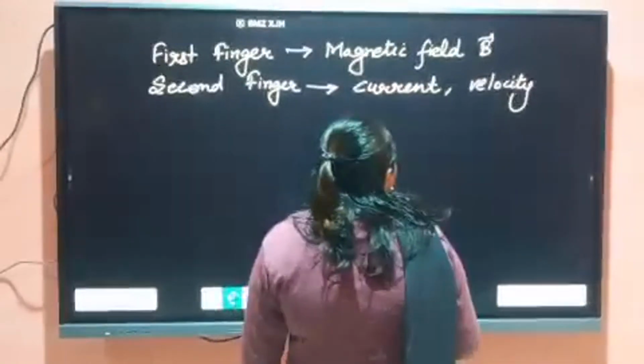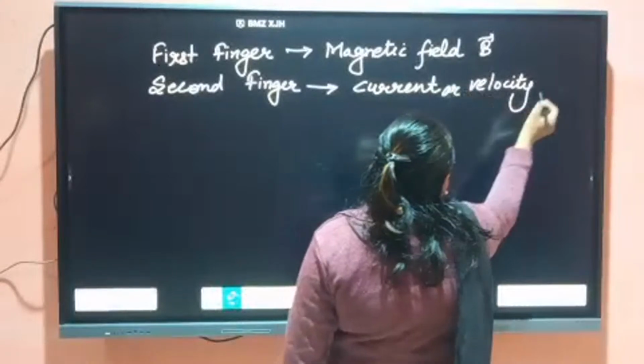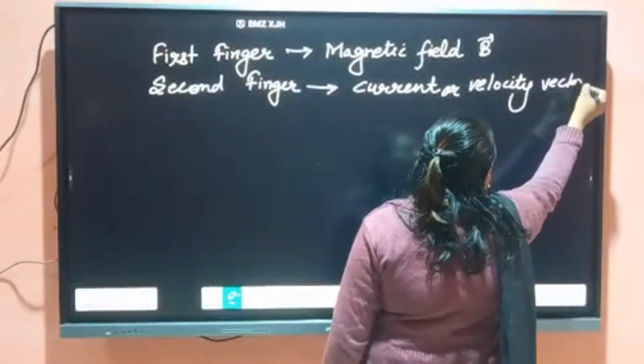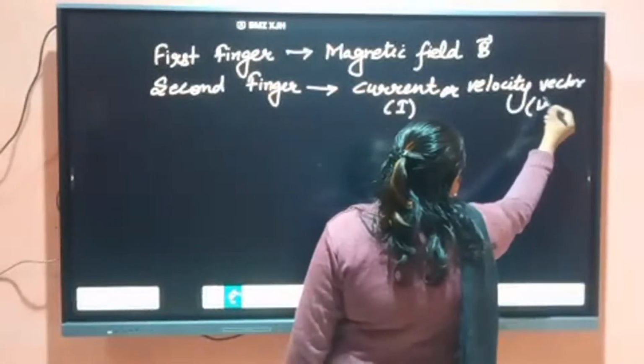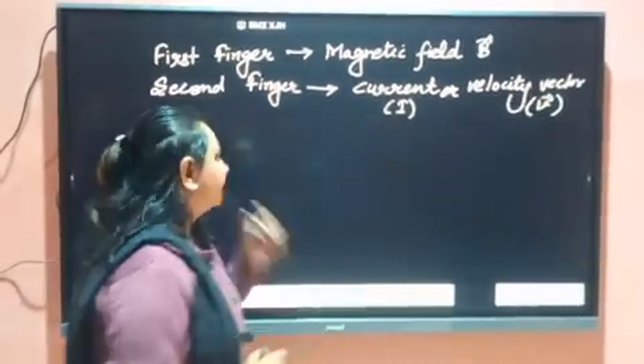Okay? Current or velocity vector. Current is represented by I and velocity vector by V.